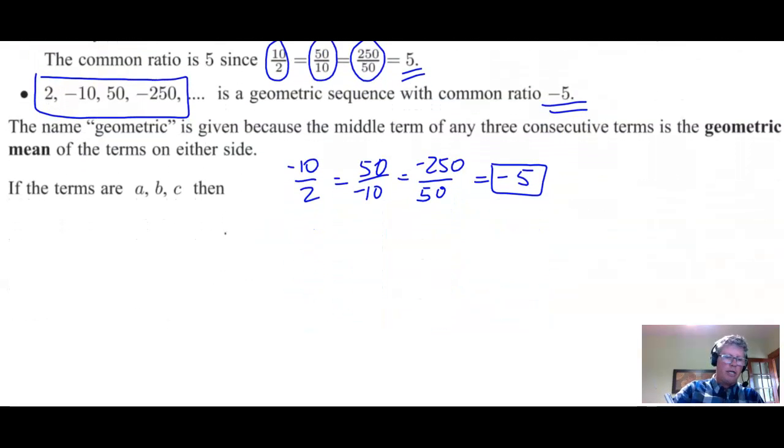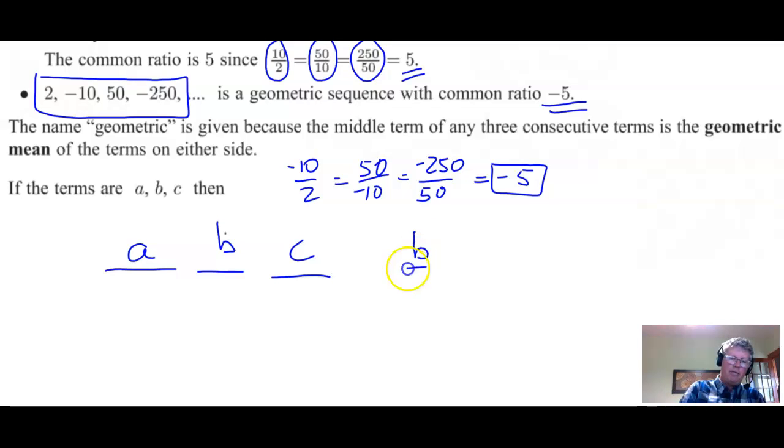So yesterday we talked about what if we have terms A, B, and C. If they are arithmetic, then B turns out to be what we call the arithmetic mean, and we could take A plus C and divide by 2. In a geometric, if it's geometric, then B divided by A should always be equal to C over B, the ratio of consecutive terms.